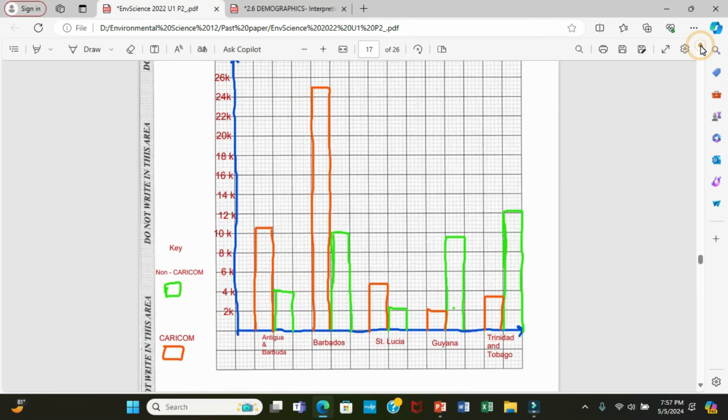There's nothing to attract tourists, and there may not be enough jobs to attract them to come. So no one would want to come. St. Lucia shows that immigration into this country is very low. When you look at Barbados, it's very high. And when you look at Trinidad and Tobago, for the non-Caribbean countries, it's high as well.